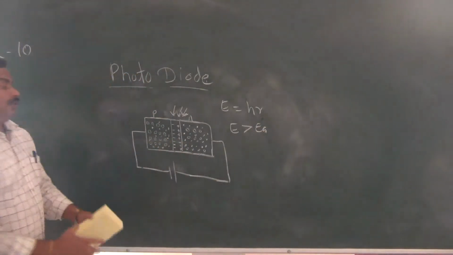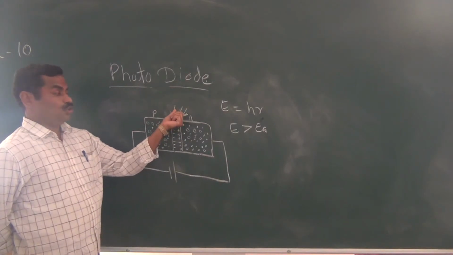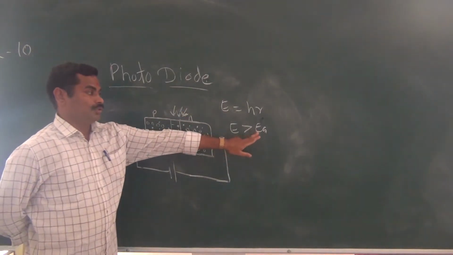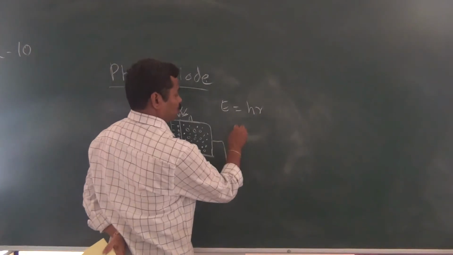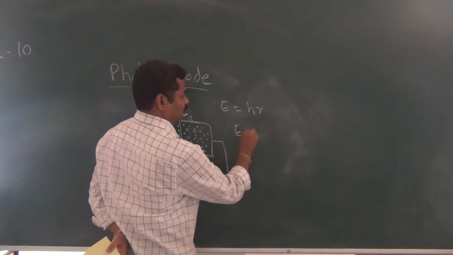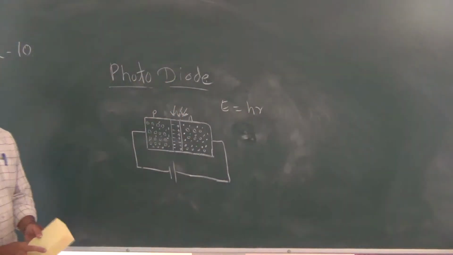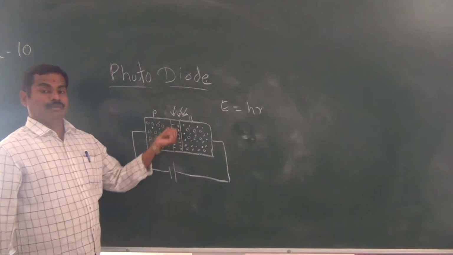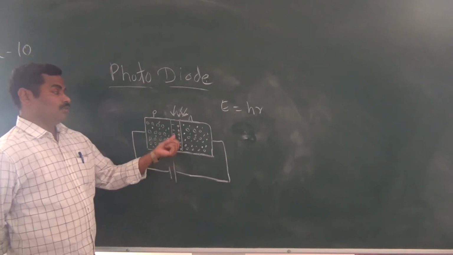Then only, you are applying the light energy. That energy should be more than the Eg. You are applying the energy, and that energy should be more than your band gap energy. Then only you can break the covalent bonds. And actually here what happens?